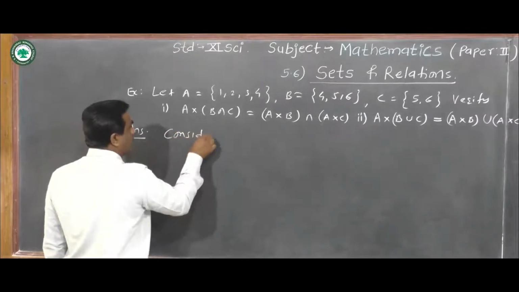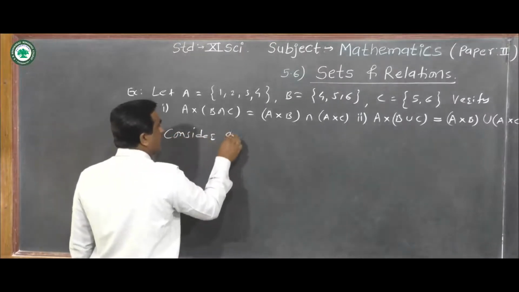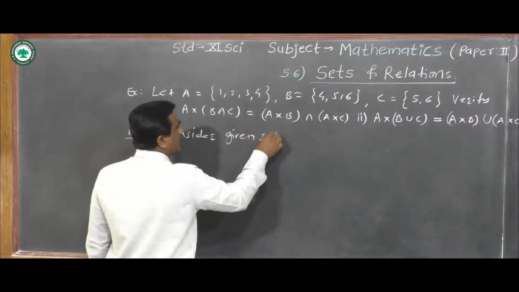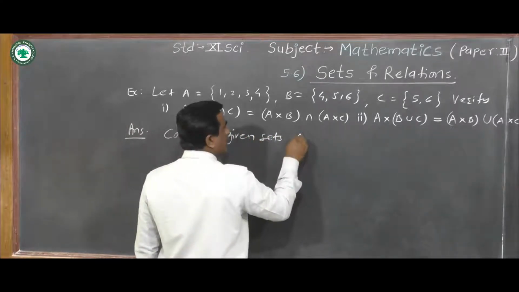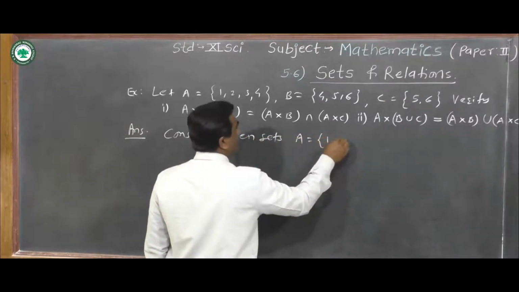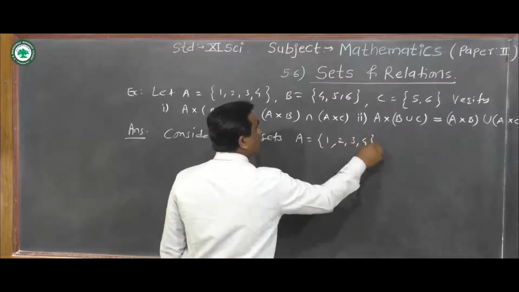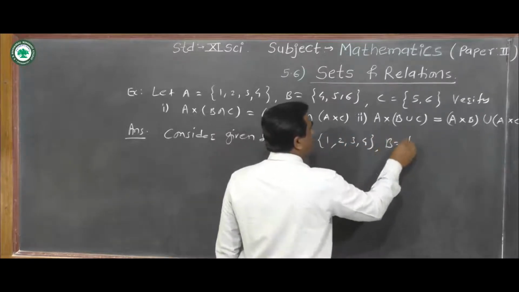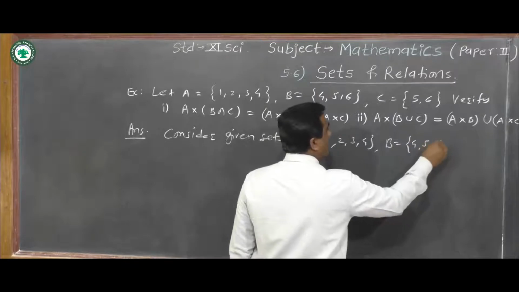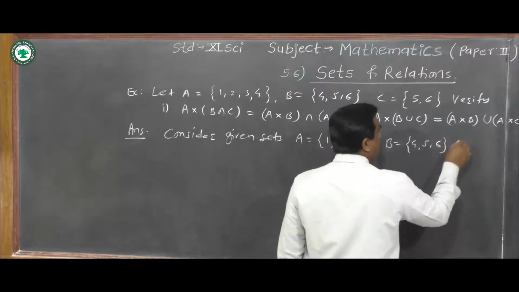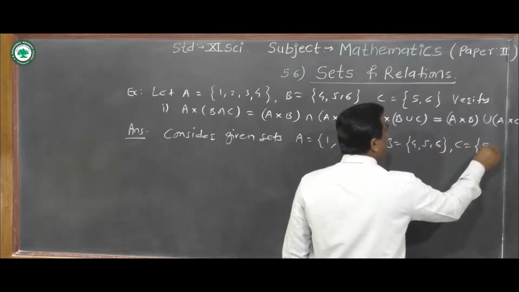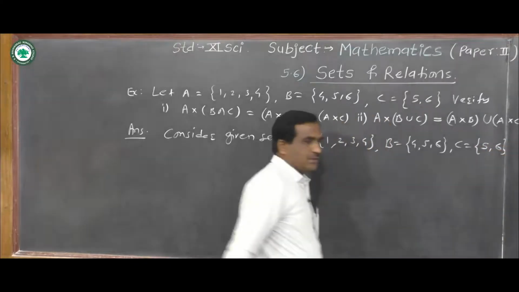Consider the given sets. A is equal to, in curly bracket, 1 2 3 4. Set B is equal to, in curly bracket, 4 5 6. And set C is equal to, in curly bracket, 5 6. Okay.